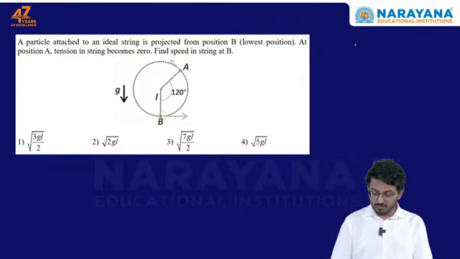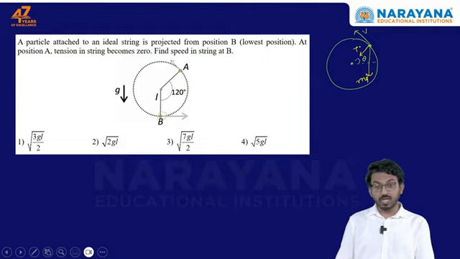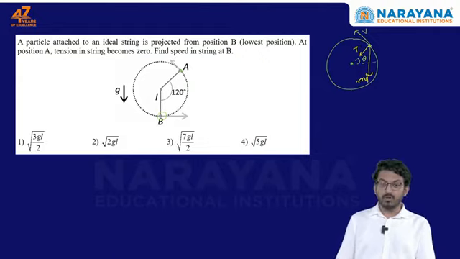So first you have to understand a few things here. If we are at some angle theta here, going with some speed v, then the forces acting on the particle right now are mg and tension towards the center. If I want the tension to become zero, then a component of mg must behave as the centripetal force here.